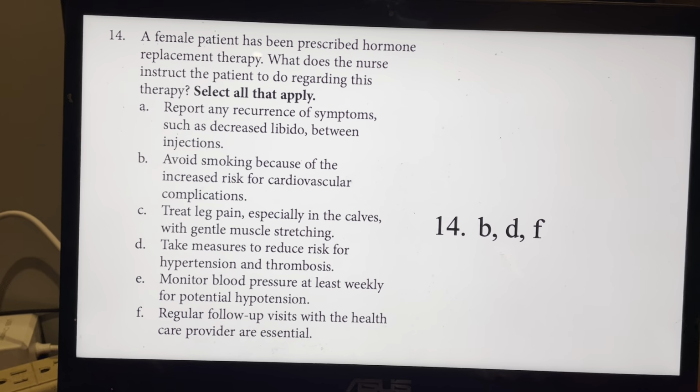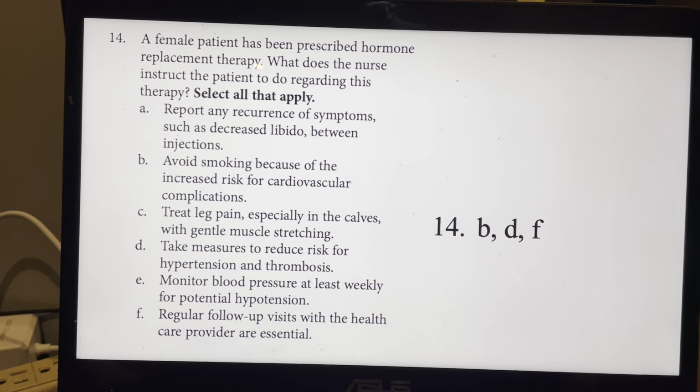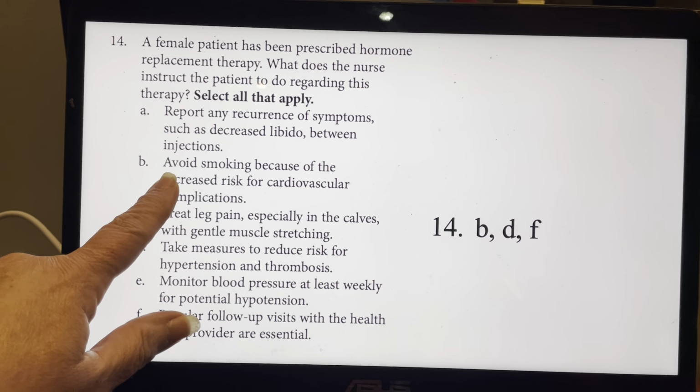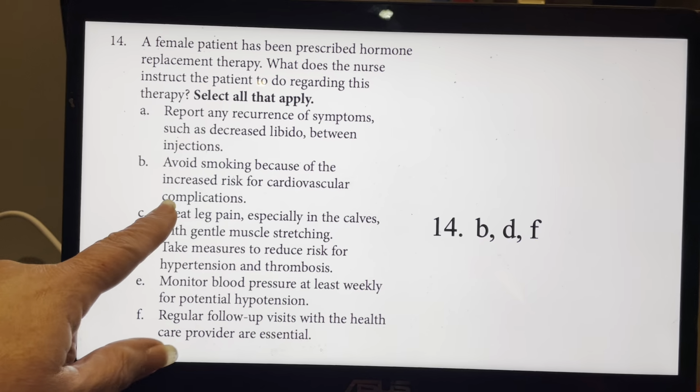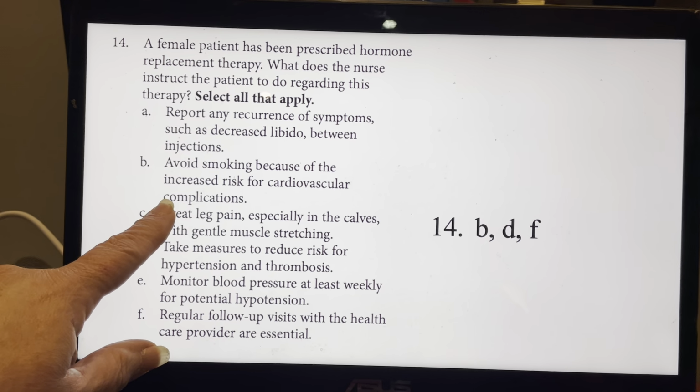A female patient has a prescribed hormone replacement therapy. What does the nurse instruct the patient to do regarding this therapy? Select them all. Well, I told you right there, but they expect you to know to tell her this. So listen. We're going to say what's right. Avoid smoking because of the increased risk for cancer and cardiovascular complications.